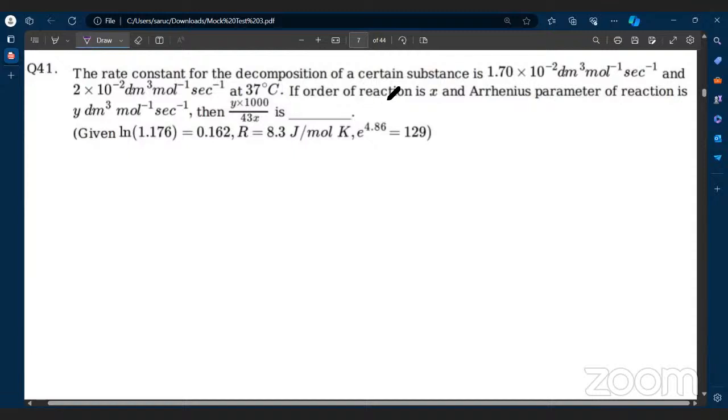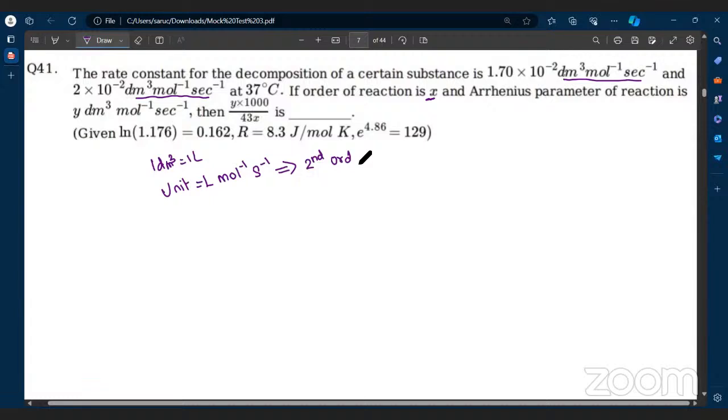By seeing the unit itself, you can tell the order of the reaction. The unit is decimeter cube mole inverse second inverse. What would be the order of the reaction? Decimeter cube is liter. Yes, 1 decimeter cube is 1 liter. So if the unit is liter mole inverse second inverse, then this is going to be for the second order reaction.